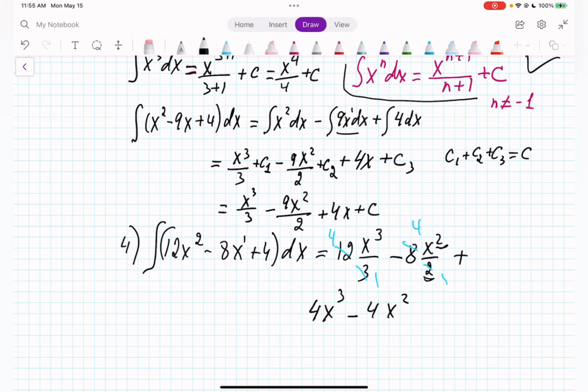It's going to be 4x because it's 1. We don't put divided by 1, right? And it's going to be 4x and plus overall c. So, which means 4x cubed plus c1 minus 4x squared plus c2 plus 4x plus c3, and we combine all this and we put c. So this c we consider is a sum of all constants that possibly can be there. Okay? All right, let's place the answer.